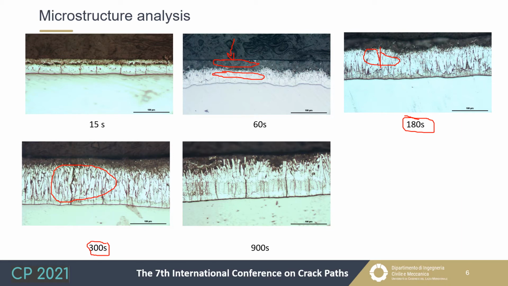These phases, delta, zeta, and eta, are present in the specimens galvanized by a pure zinc bath, by a bath characterized by 3% of tin, and by a bath characterized by 0.5% of copper.